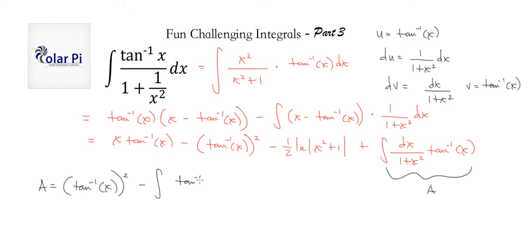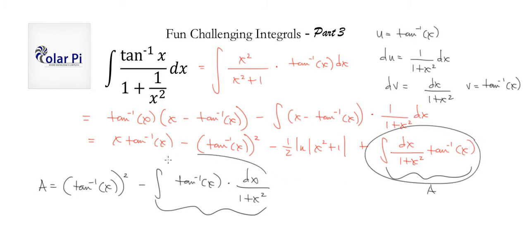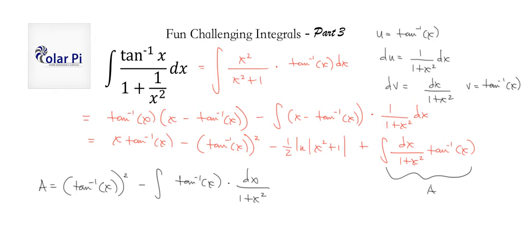And then du is dx divided by 1 plus x squared. And so with just the commutative property, one can realize that this and this are the same. So this last integral that we have left to work out for A is actually equal to A.